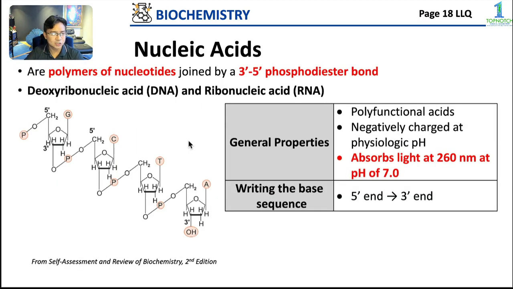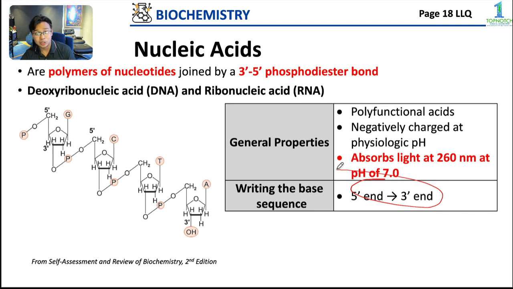Now, nucleic acids are polymers of nucleotides, joined by 3' to 5' phosphodiester bonding. You have here the DNA and RNA. In general, they are polyfunctional acids, negatively charged at physiologic pH, and absorb light at 260 nanometers at a pH of 7.0. You write them in a base sequence, 5' end to the 3' end.